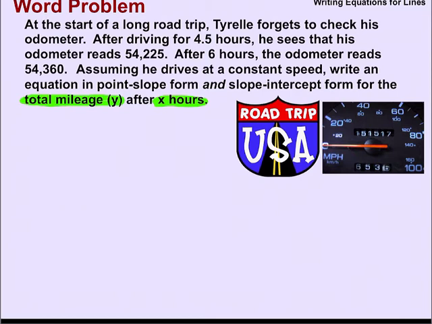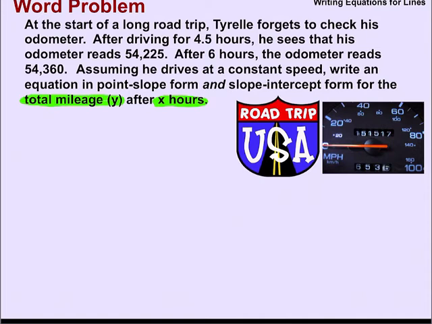Our input is the number of hours, our output is the total mileage. Sometimes you'll have to figure it out yourself, but it should always be the first thing you do. Your first thought needs to always be, what are my variables? What's the input? What's the output? In this course, we're almost never going to have more than two variables.